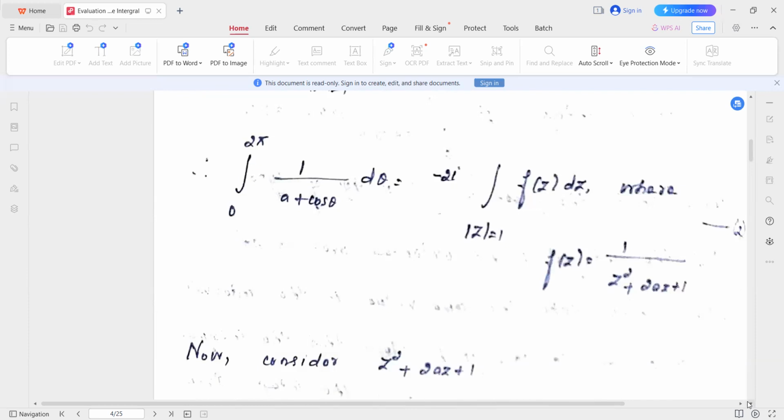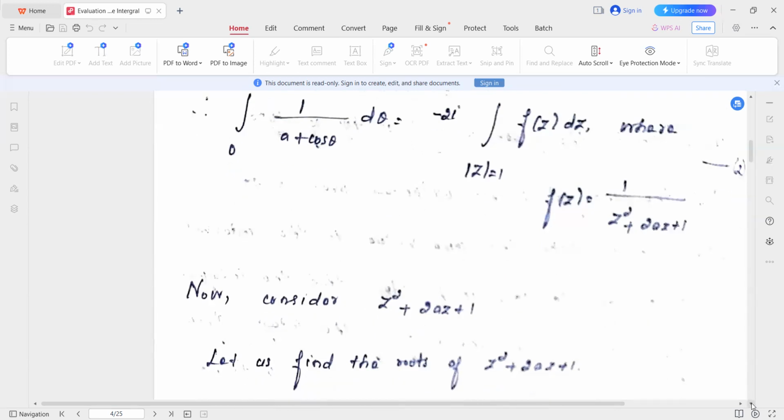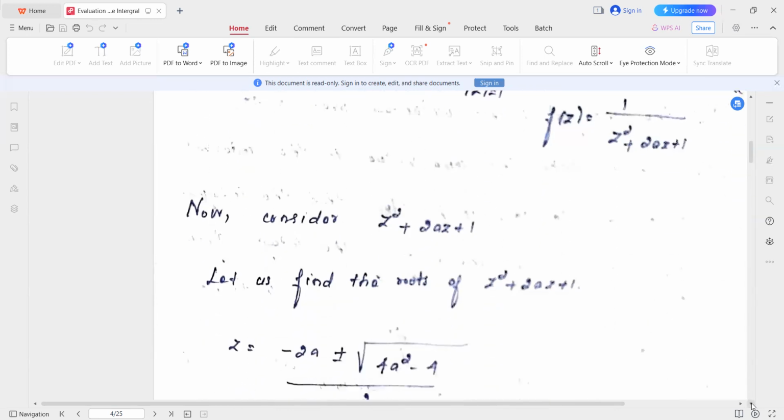For that, we are going to factorize the given equation. The given equation is a quadratic equation, so we are going to factorize it into linear factors. First we find the roots of the given equation z square plus 2a z plus 1.